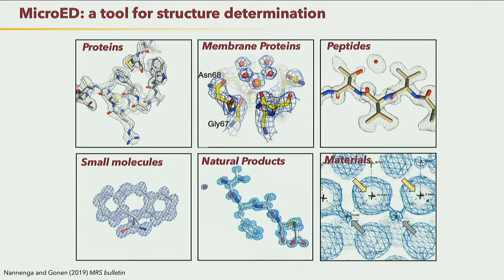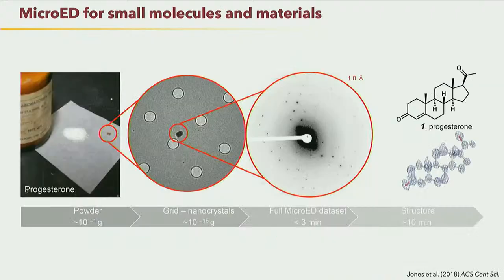It's just how you handle things are slightly different, but in the end, the fundamentals are pretty much the same. So as long as you have a crystal and it's small enough, you can use MicroED on it. So we've done it on proteins, peptides, small molecules, a range of targets.